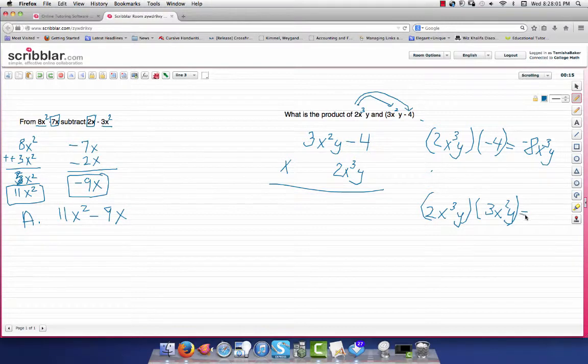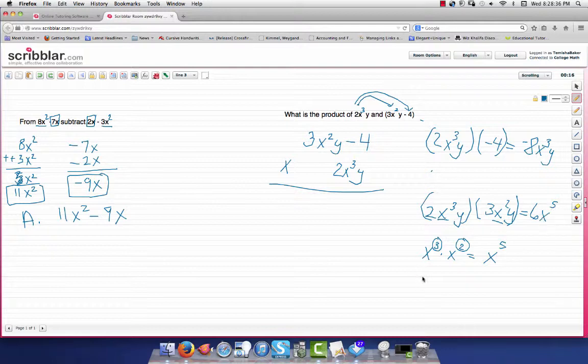Okay, on this one we multiply our constant terms again, which is 2 times 3, which makes 6. And then here we have our variable terms that we're multiplying by each other. So we have x cubed times x squared. And when you're multiplying variable terms, you keep the variable term the same, and when you multiply, you add the exponents. So that would be x to the 5th.